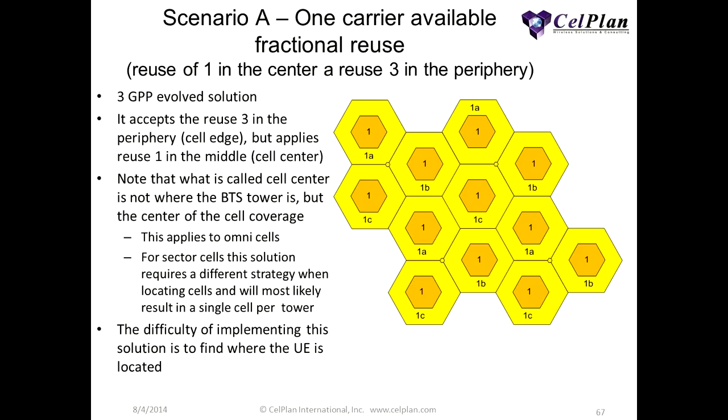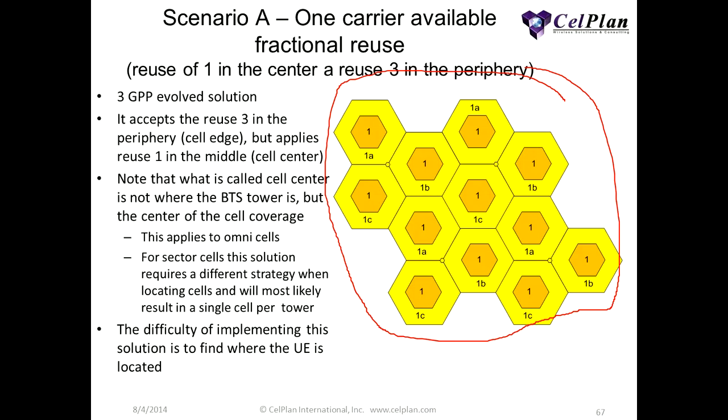And then we have the fractional reuse possibility that we already explained. And here you can see that we have the 3 cells, and then we repeat this and repeat this. So the interference between 1A and 1A has a certain distance here. Same thing for 1C and 1C.